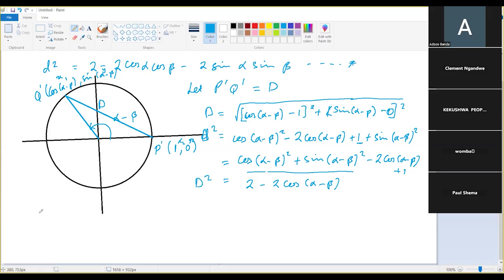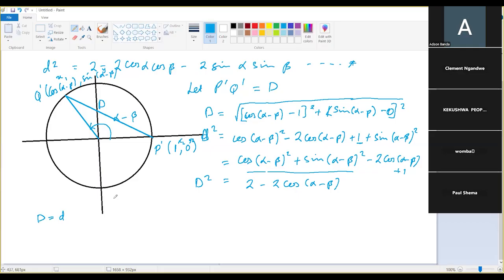So now, what we can see is that capital D is equal to small letter d, because remember that we are dealing with the same triangle. We have just moved it around the circumference of the circle, so those distances are the same.